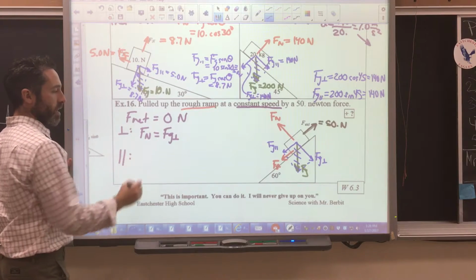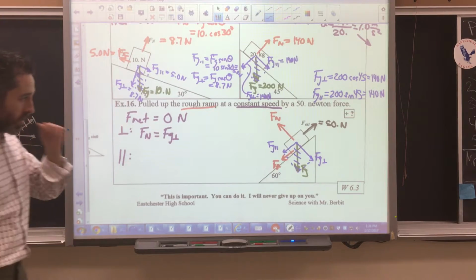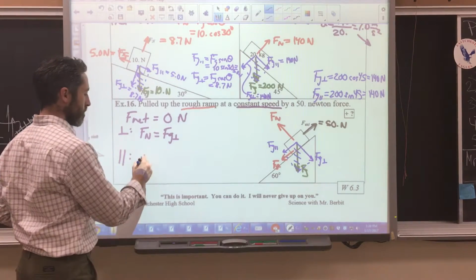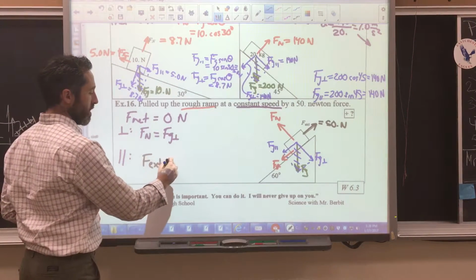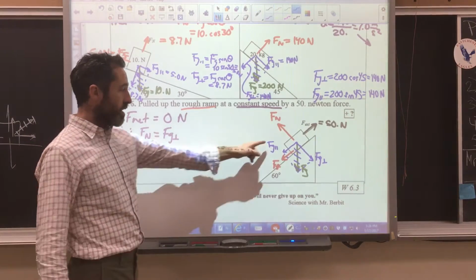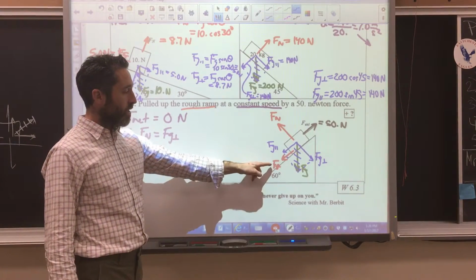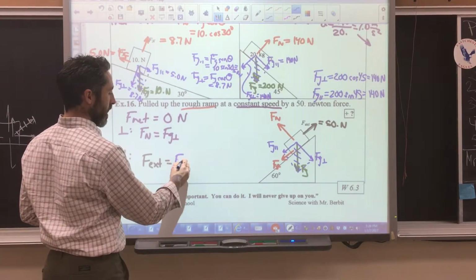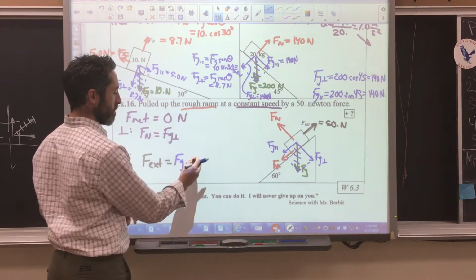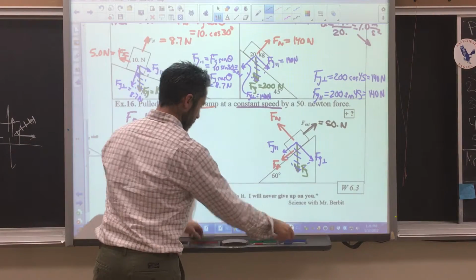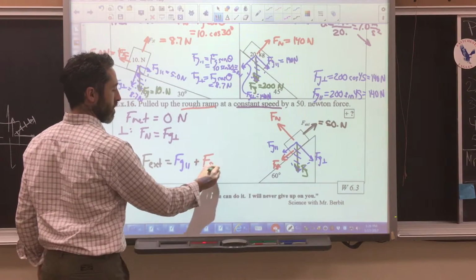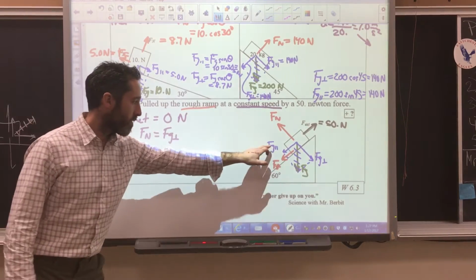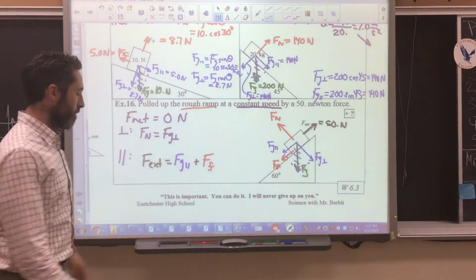In the parallel direction, it's a little more complicated. The external force, which is pulling up the ramp, is balancing not just Fg parallel, not just friction, but both. And so, you actually have the combination of the two. F external is balancing both the parallel component of the weight and the friction.